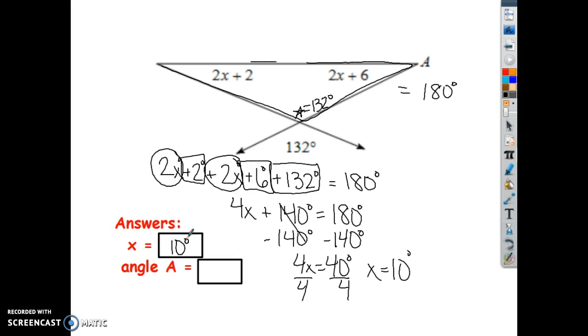Now to solve for angle A, we have to substitute in for x. So 2 times 10, and then we add 6. Well, 2 times 10 is 20 degrees plus 6 degrees. Angle A is going to equal 26 degrees. Okay, let's keep going.